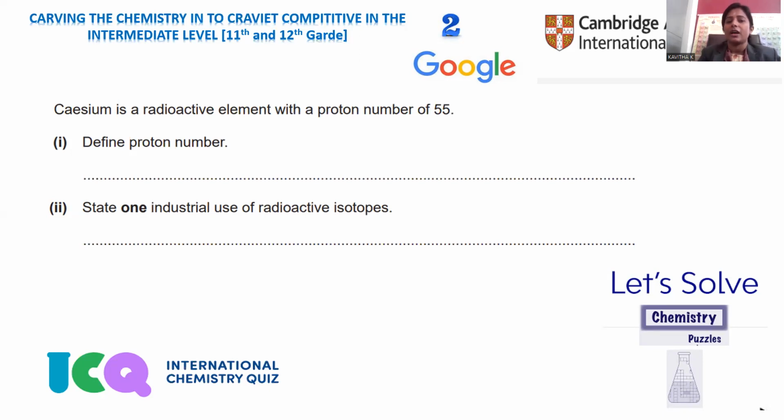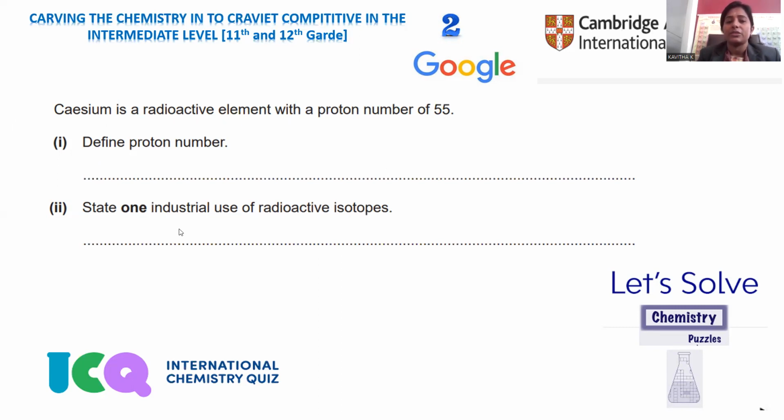Such radioactive elements are more pronounced in medicinal chemistry and some other fields as well. That's the reason why this plays a prominent role over here. Cesium is a radioactive element and its proton number is given as 55. This is the statement provided.